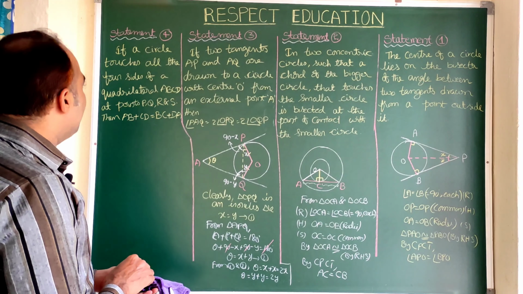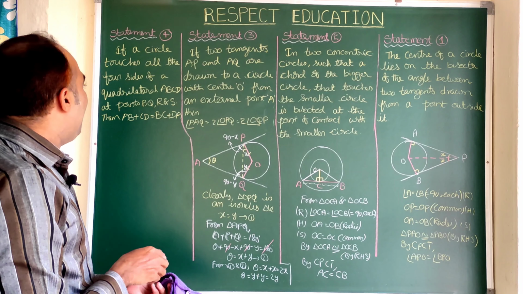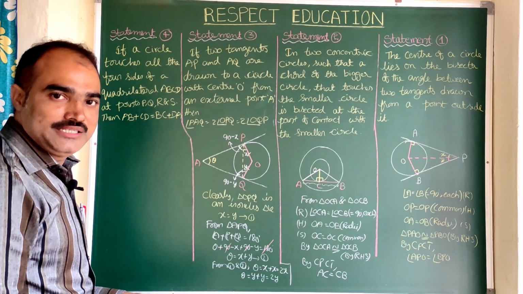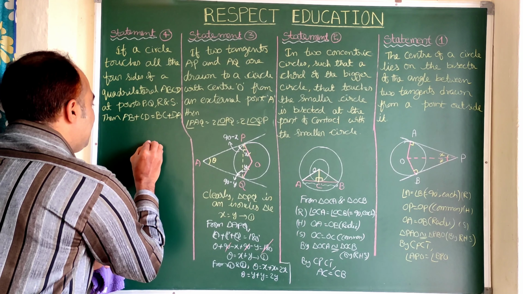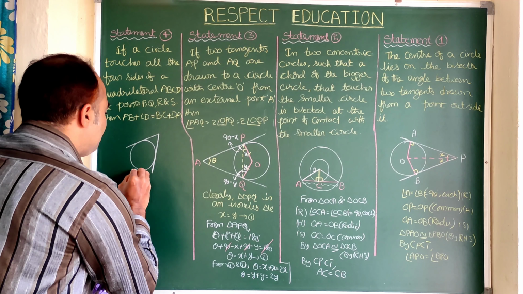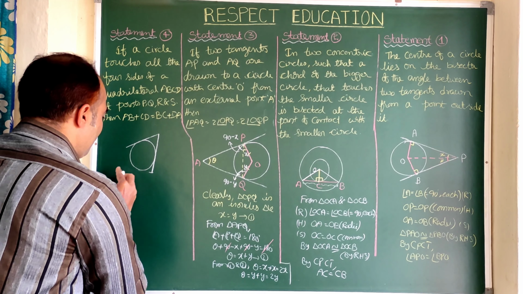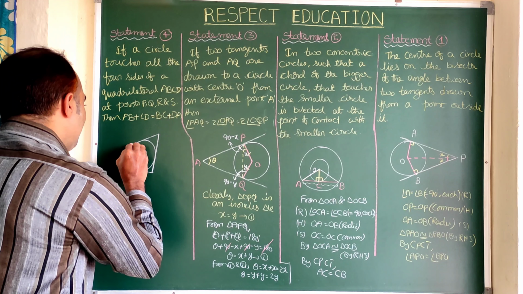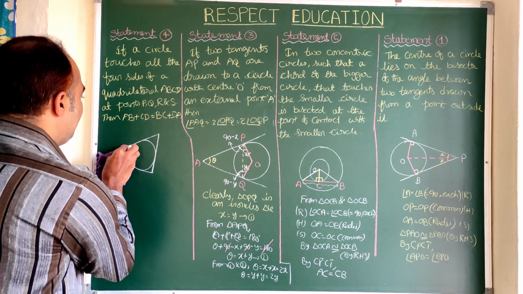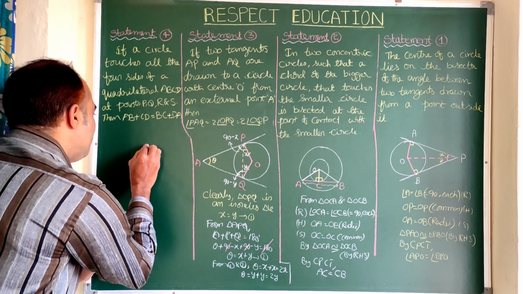Now let us see. If a circle touches all the 4 sides of a quadrilateral ABCD at points P, Q, R and S, then prove AB plus CD equal to BC plus DA. Consider a circle that touches all the 4 sides of a quadrilateral. I will draw it a little bit bigger to make it visible clearly.